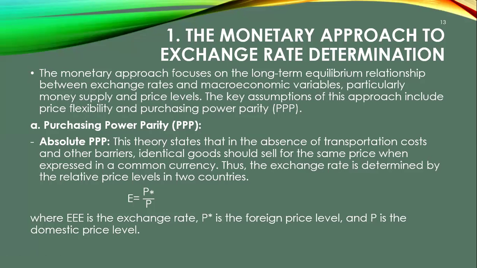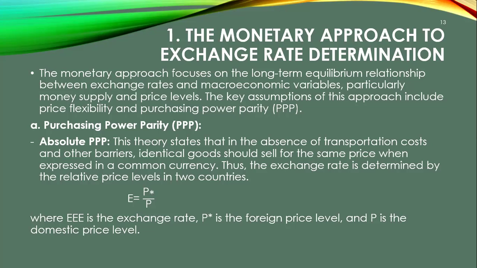So when we talk of purchasing power parity, this looks at how much of a basket of goods you can purchase using a given amount of money. That is what we are terming purchasing power parity.